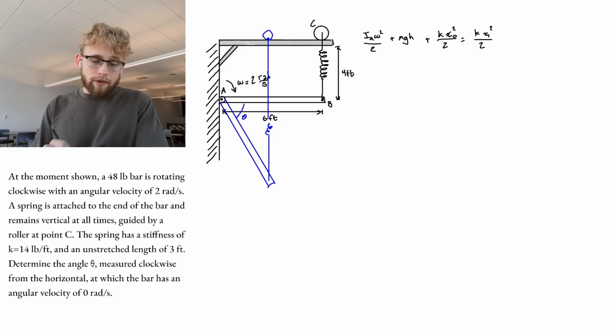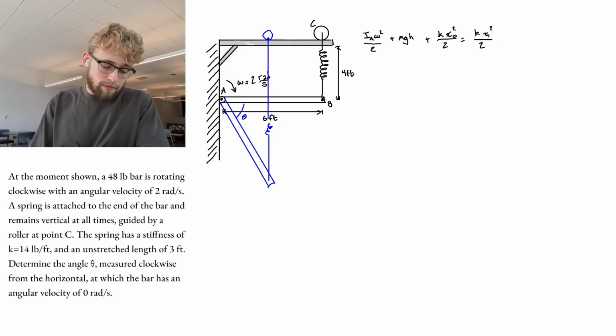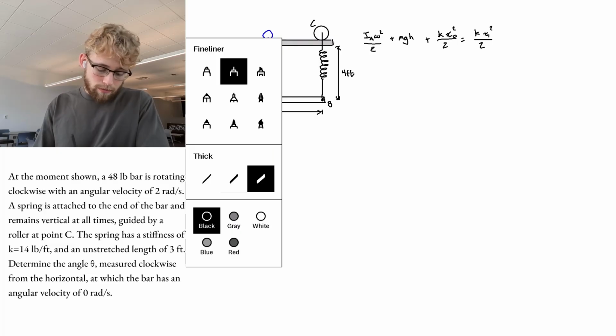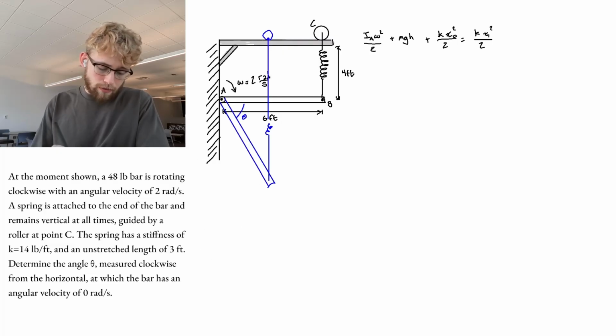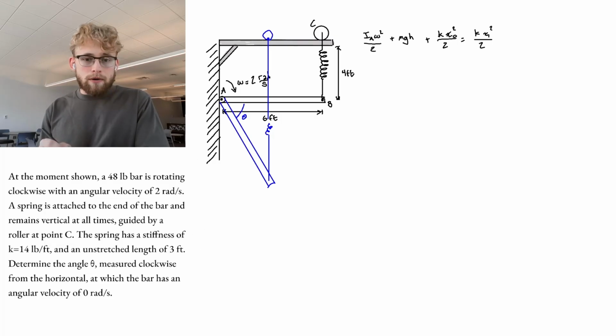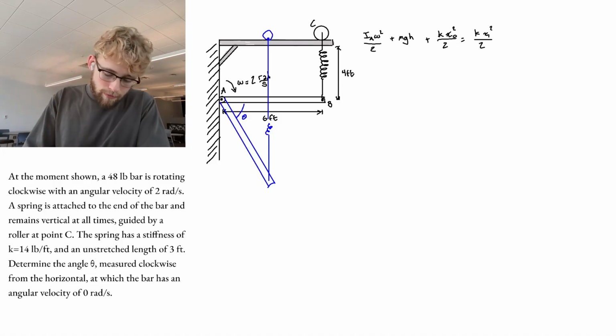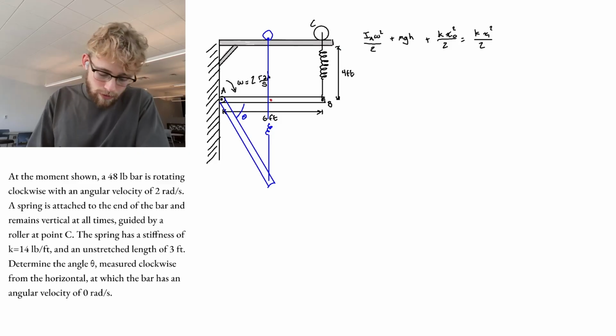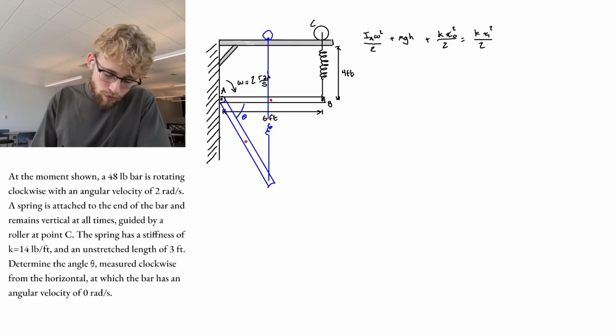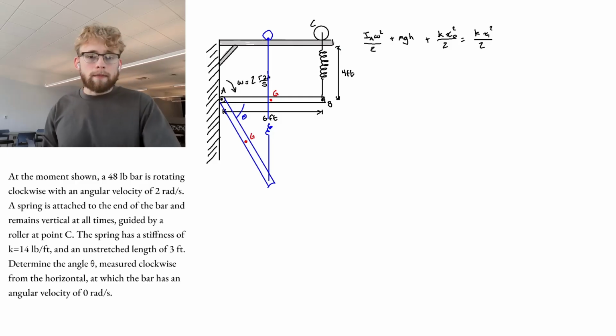Let's start by looking at the mass center of the bar, because that's how we're going to judge the difference in potential energy, is how far downwards the mass center has moved. We'll call this G. Okay.